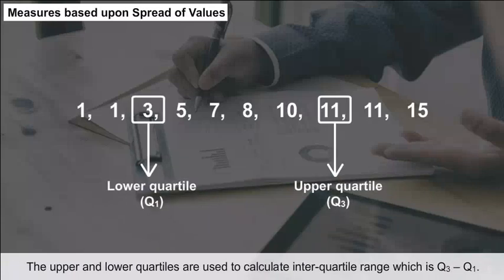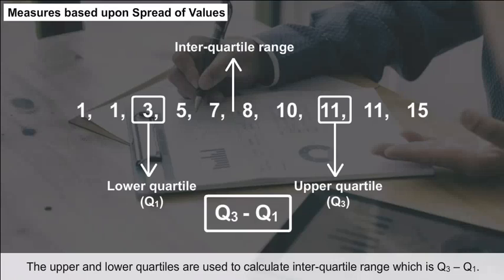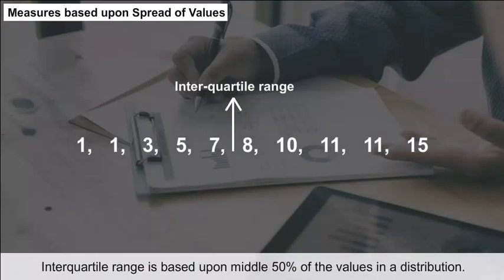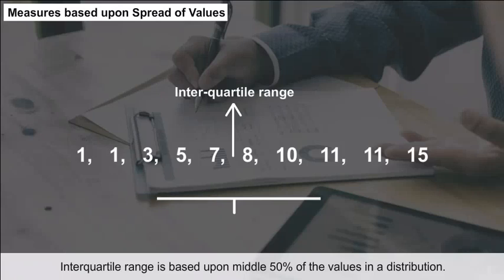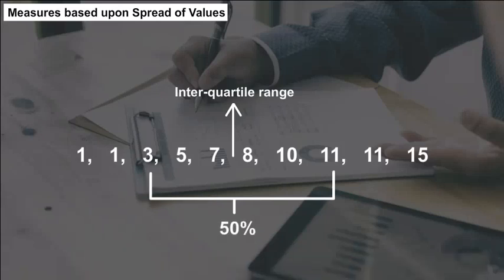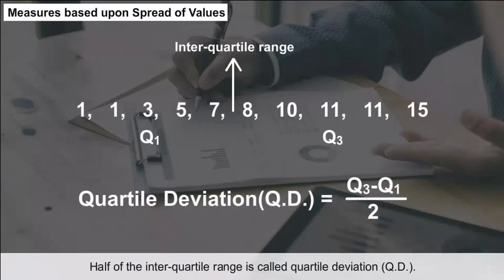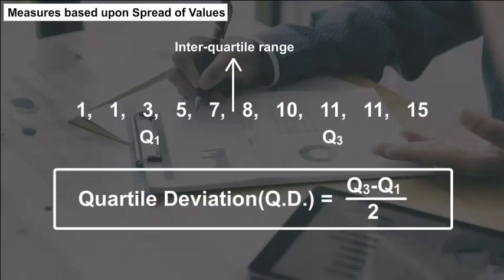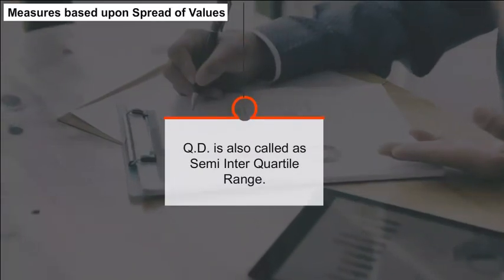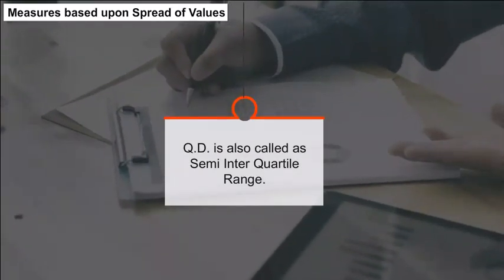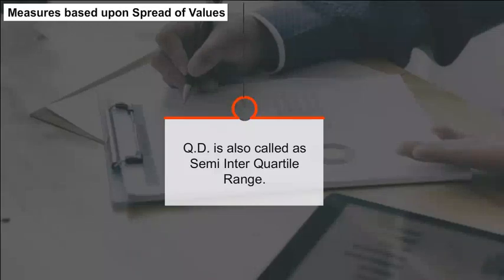The upper and lower quartiles are used to calculate the interquartile range, which is Q3 minus Q1. Interquartile range is based upon the middle 50% of the values in a distribution. Half of the interquartile range is called quartile deviation, QD. Thus, QD is also called the semi-interquartile range.